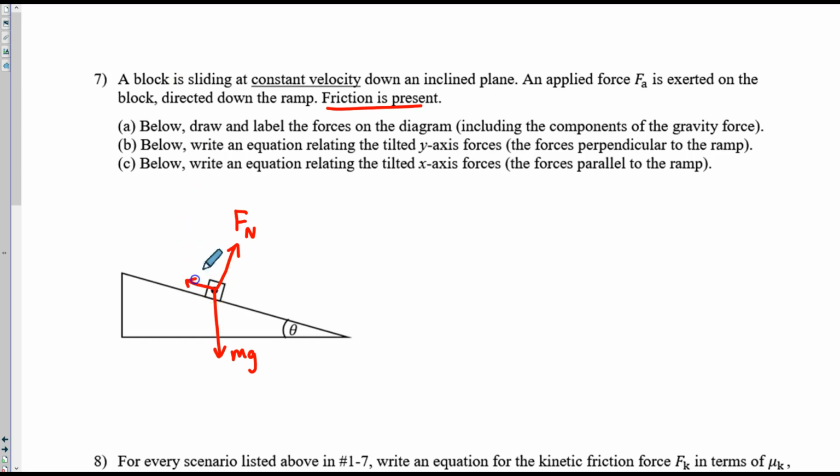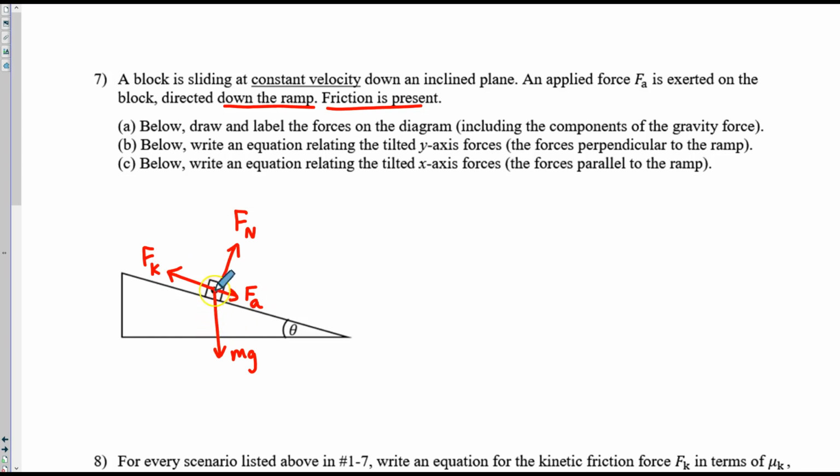Friction is always opposite the direction of motion for kinetic friction. Let's see, constant velocity, an applied force is there directed down the ramp. So the applied force is like this. And you know what? I better draw my friction arrow a little bit longer. You'll see why in just a second.